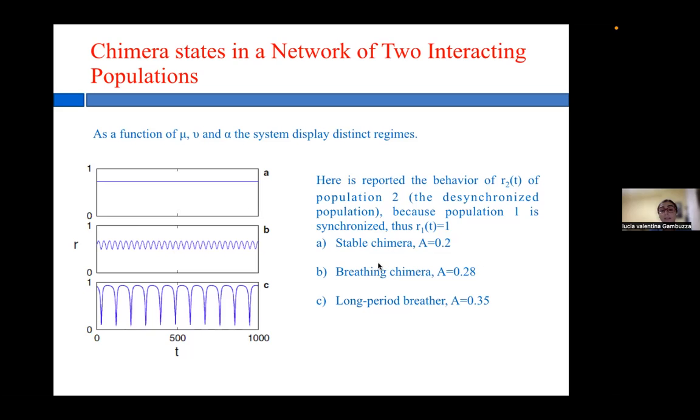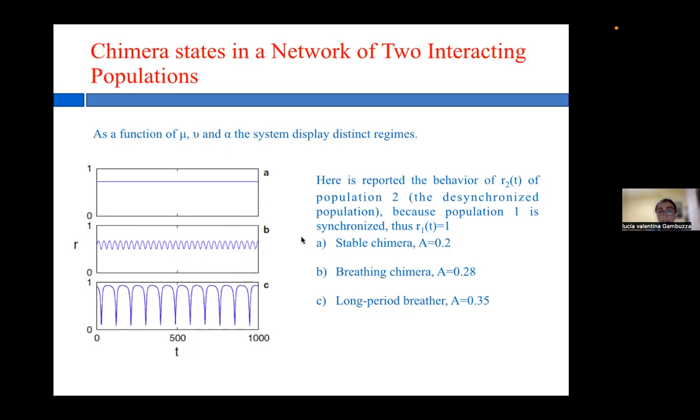So the order parameter related to population 1 is equal to 1, and we are just monitoring the value of the order parameter of the second population.